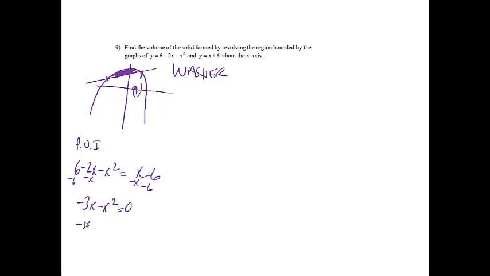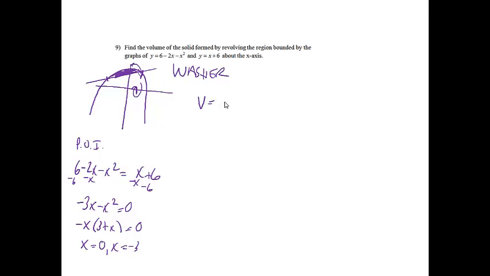I'm going to factor out a negative x, and so that will give me 3 plus x. And so the two places where they're going to intersect is x equals 0 and x equals negative 3. And you'll notice that looks about right, but that means that when I graphed it, I definitely did not graph it right. This should be over there. Whoopsie whoops.